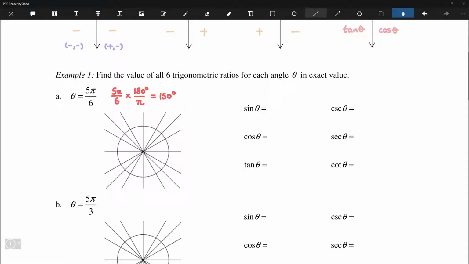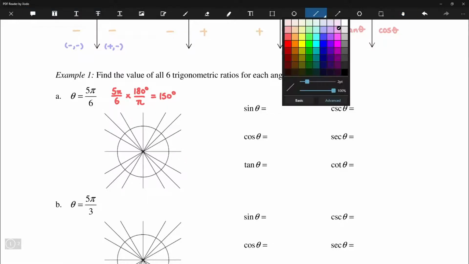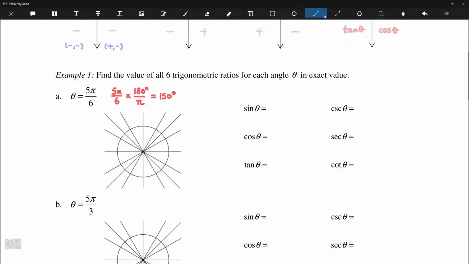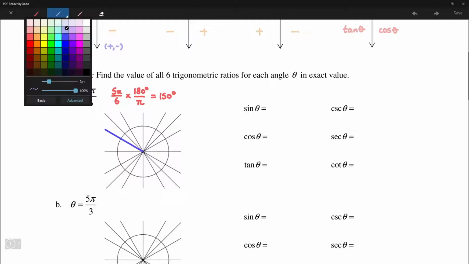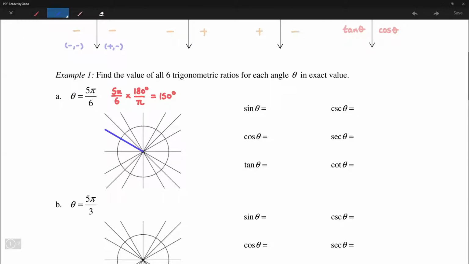So as always, we can work with degrees instead of radians, if that's easier. So the reference angle in this case is 30 degrees, or pi over 6. So for now, we're just going to stick with radians. So this angle here going in the counterclockwise direction is 5 pi over 6. The reference angle is pi over 6.